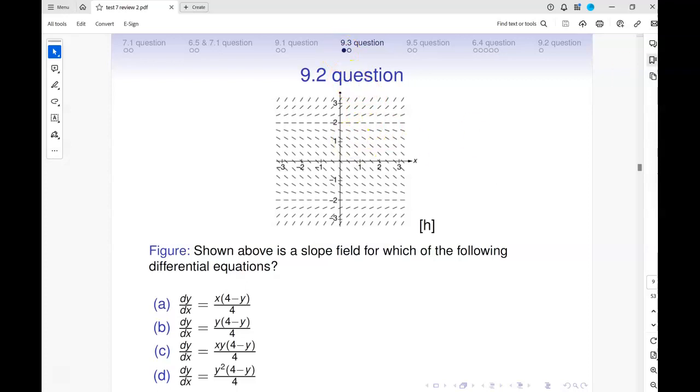This is messed up here, huh? I guess I must not have published it after I fixed that. Oh well. Try this one. It's a 9-2 question.